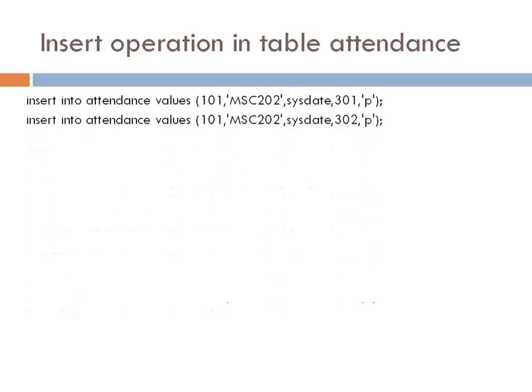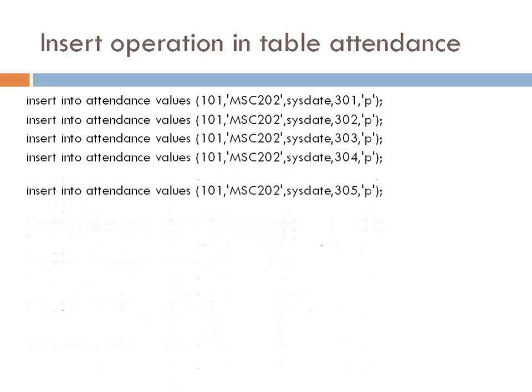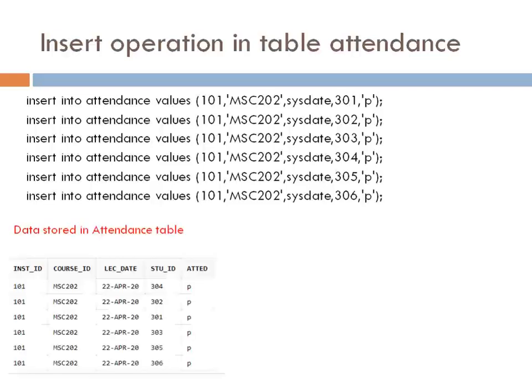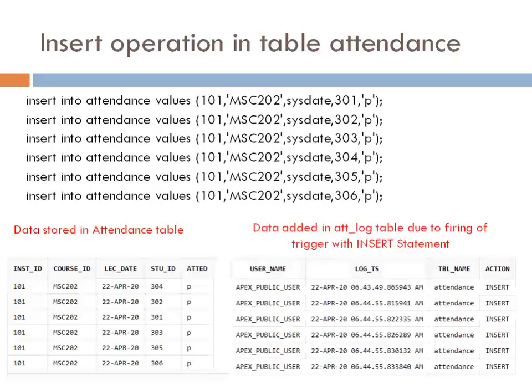Now these are the insert operations that I have done in the attendance table, and since the trigger is defined, inserting will be true, so this is the data I get in the attendance table. All these 6 insert commands have updated the values in the table like this, and corresponding to the ATT_log table, the log information is maintained like this.